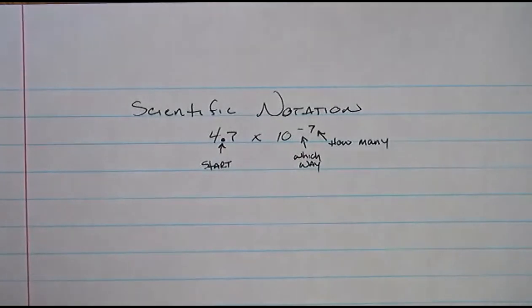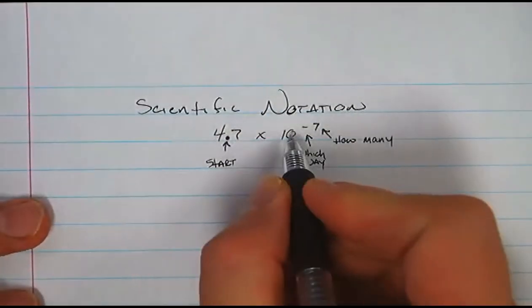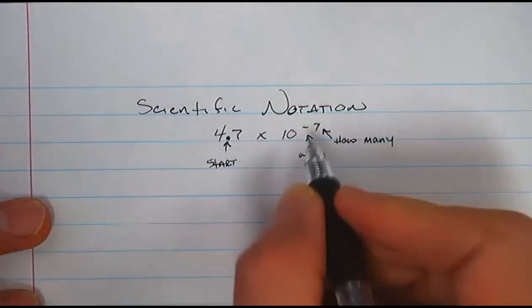So start here, which way, how many? That's all scientific notation is. It's a way to express very large or very small numbers in a more condensed fashion. But we can simplify it and get the final result. You might not know what this number is. What classification is this?